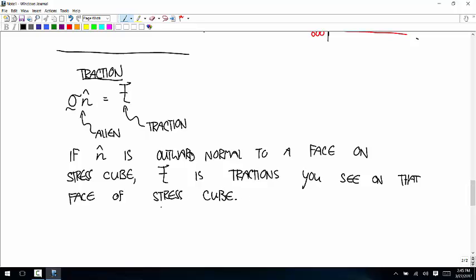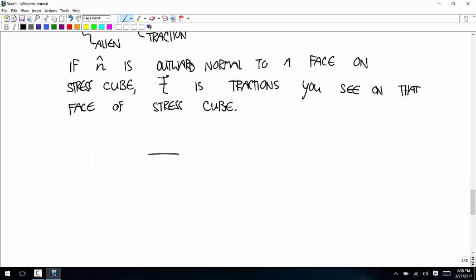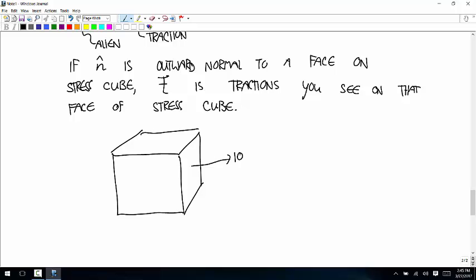So let's say this is the stress cube. Let's say we have 10 megapascals, 5 megapascals, and symmetry says this also has to be 5. And then 8, symmetry says this has to be 8.